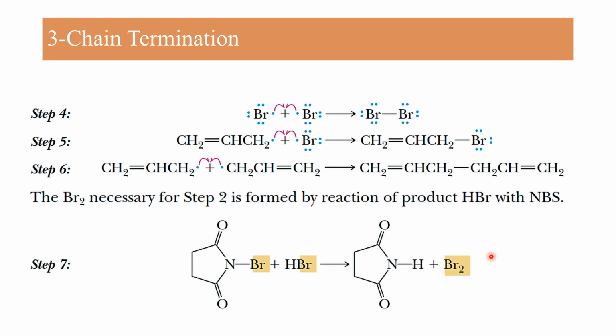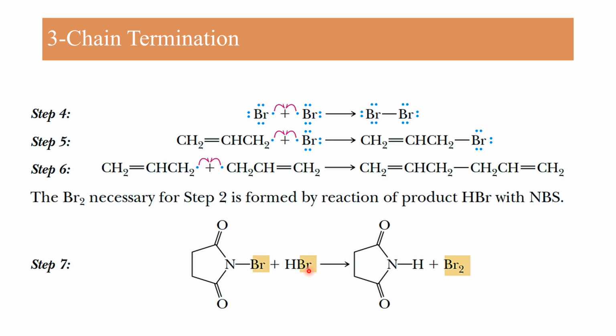What I was telling you is that you don't need to be confused that we are not providing the Br2 initially. So from where does that come? It comes from the NBr giving that Br radical, and the HBr was formed in the system because the Br is combining with another one.